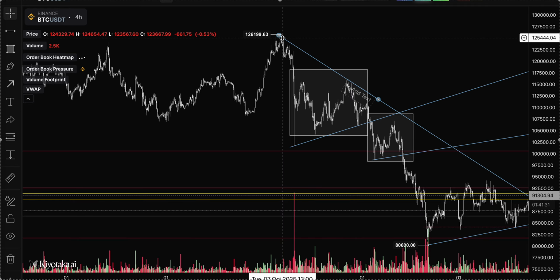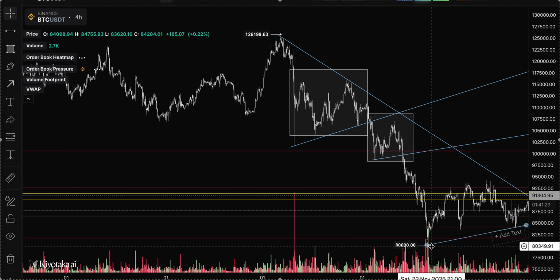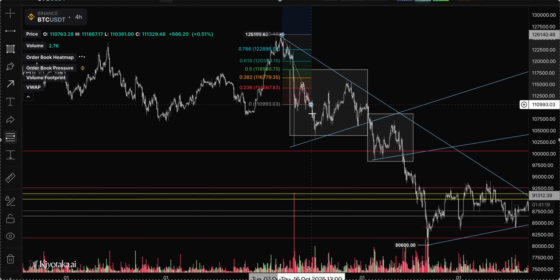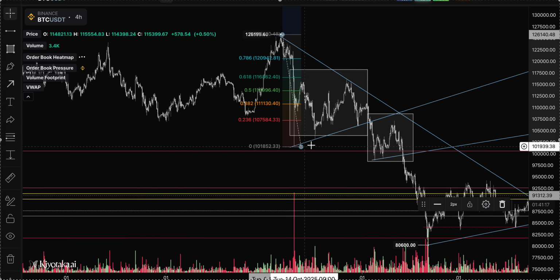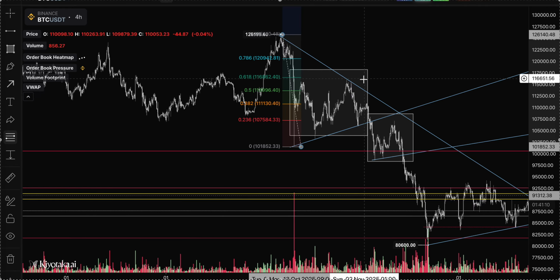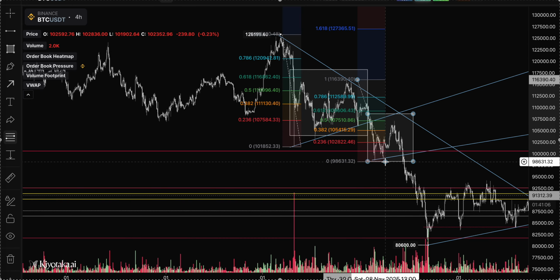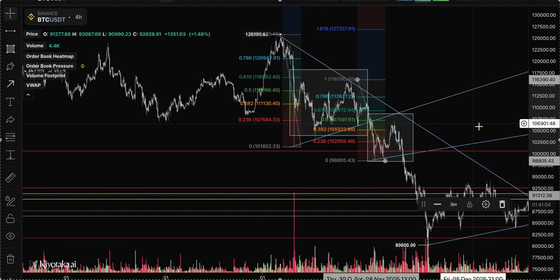Swing high, all time high, swing low. But also swing high, swing low. Swing high, swing low. And you can just draw a Fibonacci here. This is one Fibonacci to the swing low. Then you have a little swing high here, so you take it as a top for the retracement. And you have the other swing low here, and you take it.